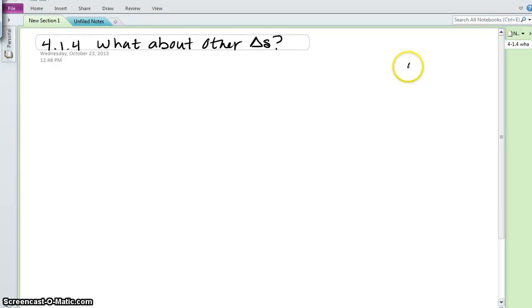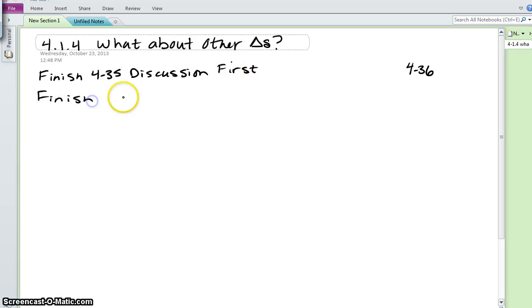We're going to move on to 4-36 using a scientific calculator. So please finish the 4-35 discussion first, and please finish the Trig Table Toolkit.